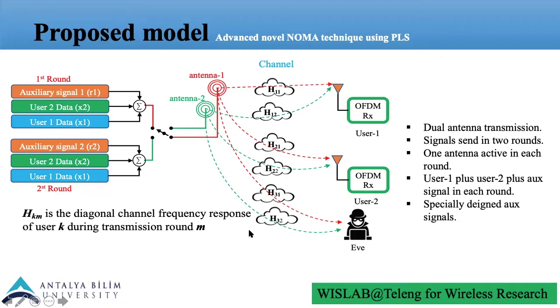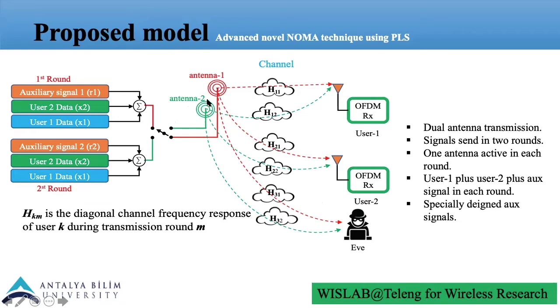So what we do in this particular model is we take the information for user one and user two, and then we transmit it in rounds. We first transmit the information in round one, and then we transmit it again in round two, using two antennas. One antenna is active, the other antenna is inactive.